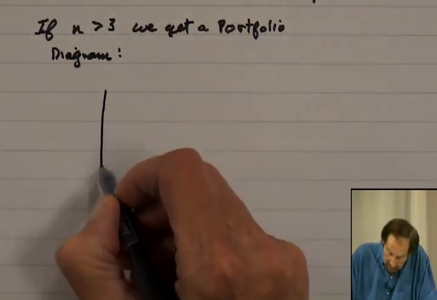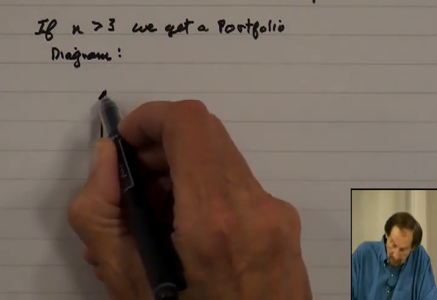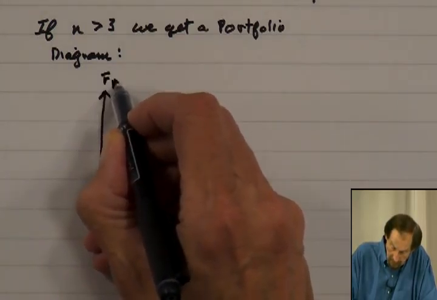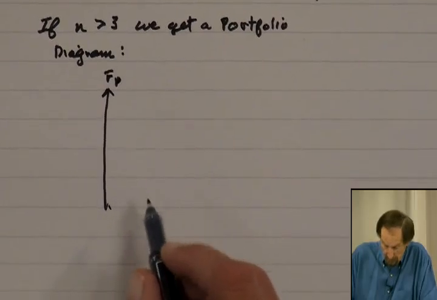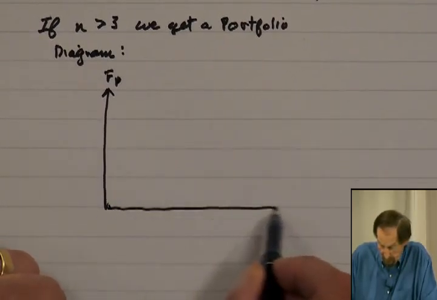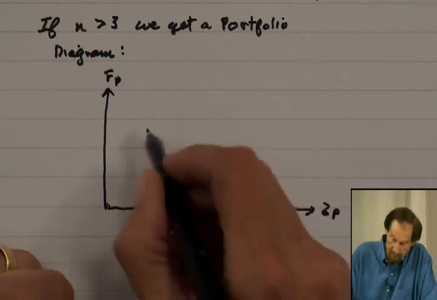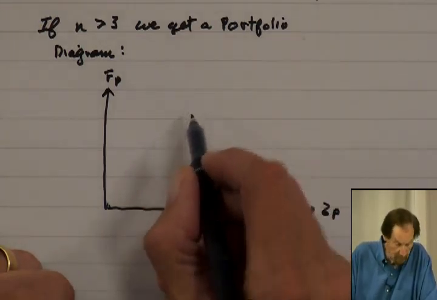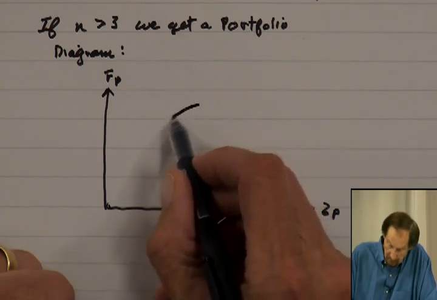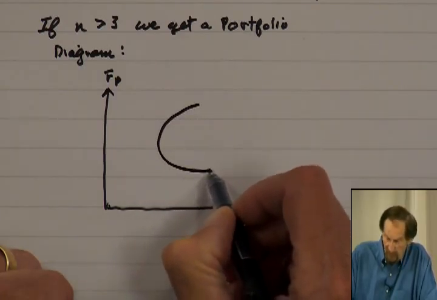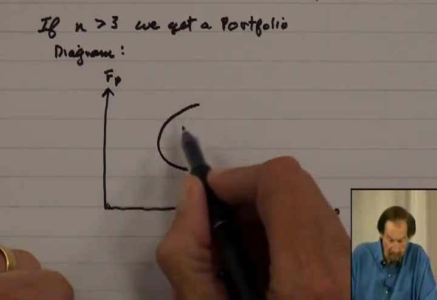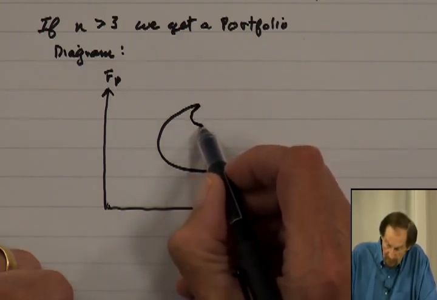Let's look at this. r bar p, sigma p, and we get something that looks like a bullet shape there, and then it goes like this.